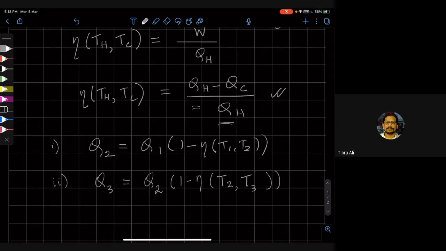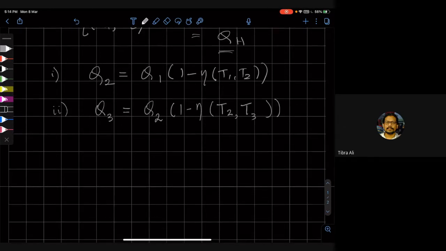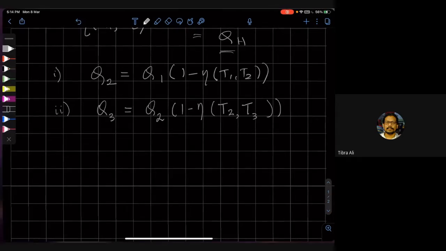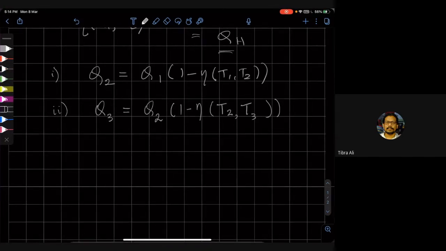Now, what we can do is that essentially what we're doing here is running the second Carnot engine off of the heat that is being dumped by the first Carnot engine, right? So the heat that is being absorbed by the second Carnot engine is the heat that is being dumped by the first Carnot engine. That is how we have set up the whole thing.